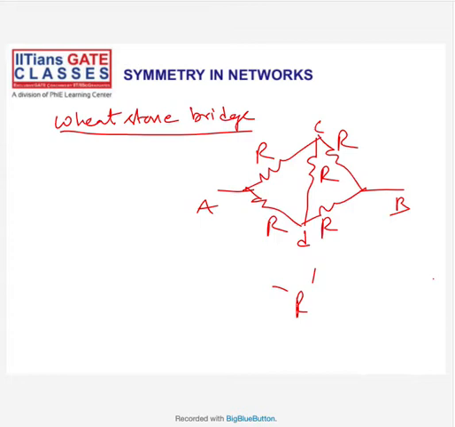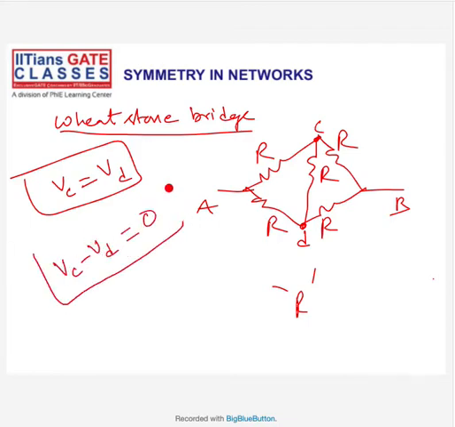See, the concept here you have to understand. When the bridge is balanced, what happens? VC is equal to VD, right? The potentials at node C and node D are equal. That means VC minus VD is 0.